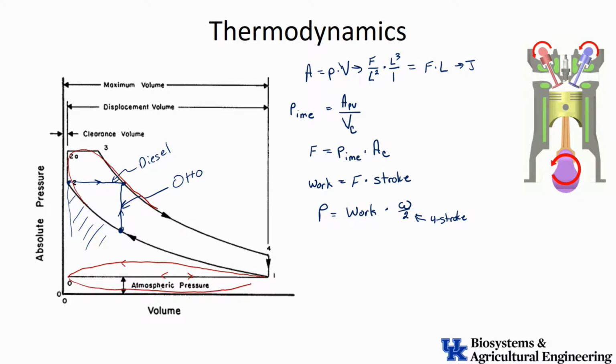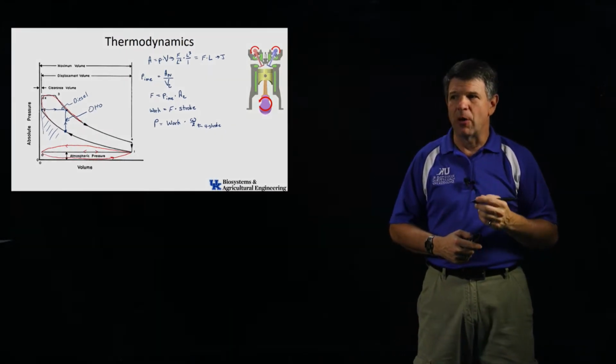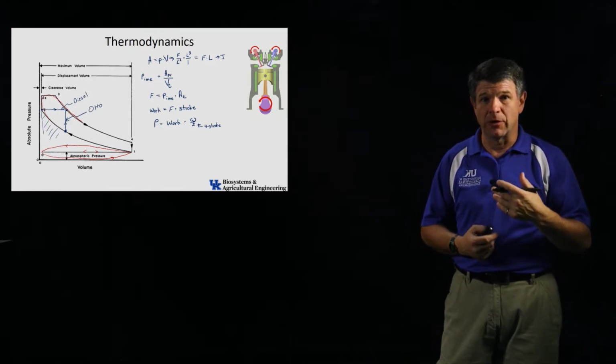So we have to have a vacuum to be able to draw the gases in. So we're actually going to have a little loop down here. And guess what? The area inside that loop is also energy, but that's all lost energy. And so we can start to see how this all shapes together. So we have a number of different pieces that go into this PV diagram to understanding what goes on in the engine.